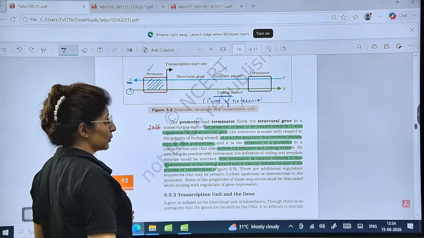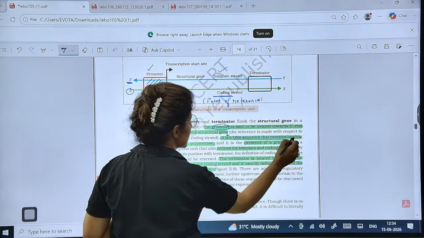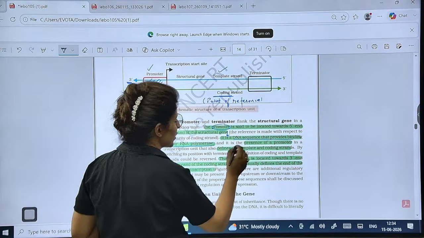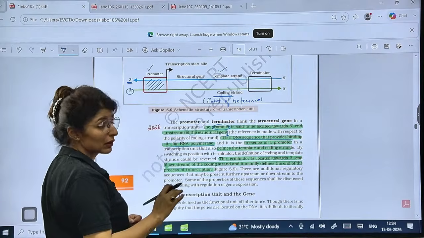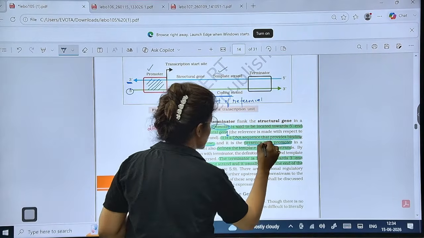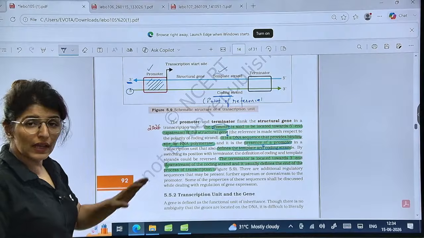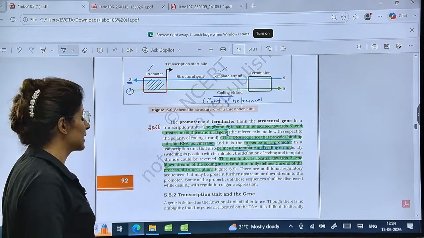This is what I told you. What is a promoter? It is a DNA sequence that provides binding for RNA polymerase. So I told you who is going to define which one will be template and which one will be coding. So presence of promoter defines the template and the coding strand. These were all lines here in 2026, and questions may be repeated, guys.